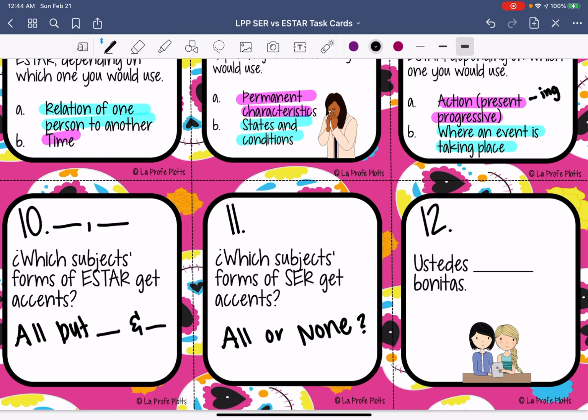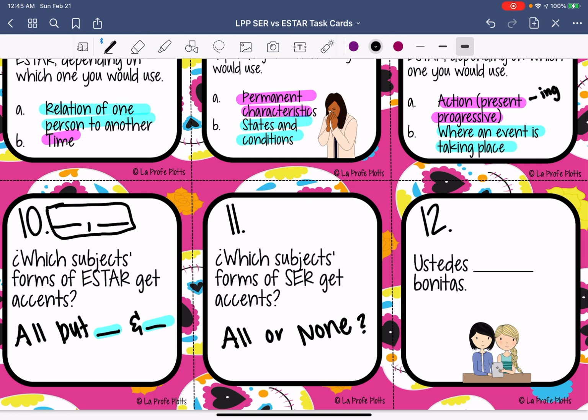Which ones are they? Your answer should be separated by a comma. So here's what your answer box is going to look like. Answer, comma, answer. And those are going to be both of your subject pronouns that you think do not have an accent mark for estar. No space in between those answers.